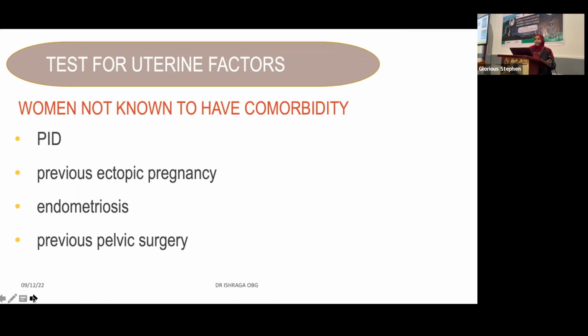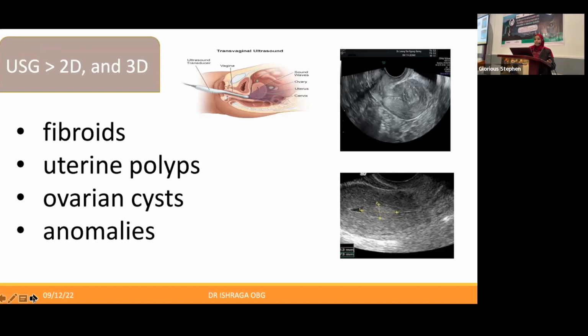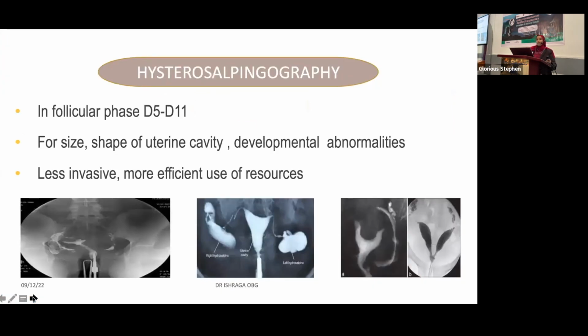We can see any fibroids, uterine polyps, ovarian cysts, or anomalies. Also hysterosalpingography, done in the follicular phase, day 5 to day 11 of the cycle. It will show the size and shape of the uterine cavity and any developmental abnormality. It is less invasive, a more efficient use of resources.